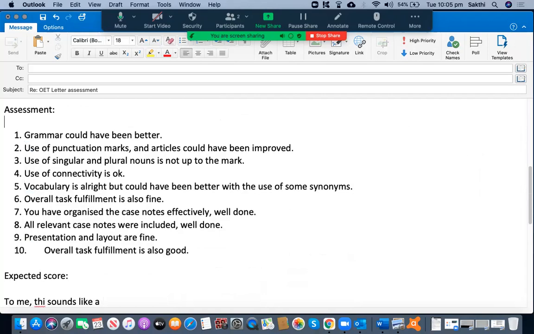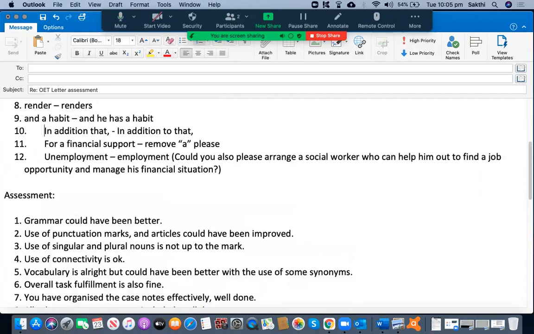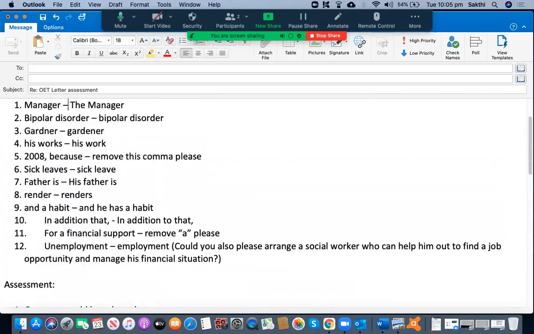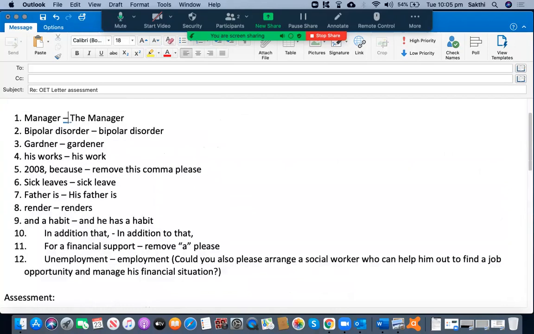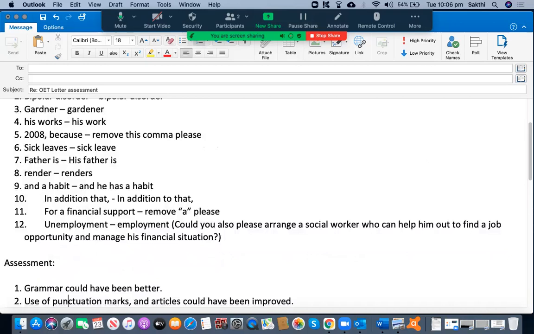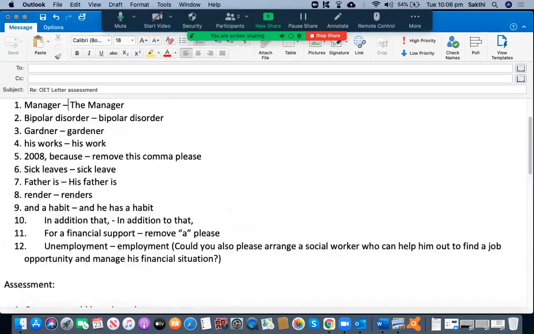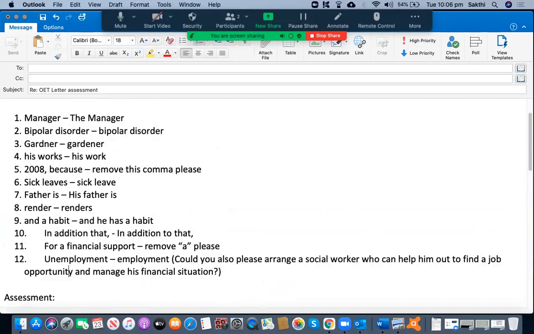Let me go through that once again. It's in addition to that. When you read this, for "a financial support," there are some mistakes which are the major ones, whereas other mistakes are the minor ones. I'm still happy to give you a C plus grade for this letter. It's not that bad. I believe you should be able to get 300 for this one.